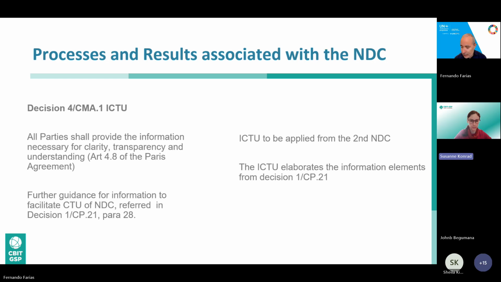In particular, if you follow decision 4/CMA.1, which is the information necessary for clarity, transparency, and understanding, you will find some tables to follow that you should put as an annex in your NDC 3.0, but compared with all the information that is coming alongside the BTRs, you can see that there is a world of difference in terms of reporting.